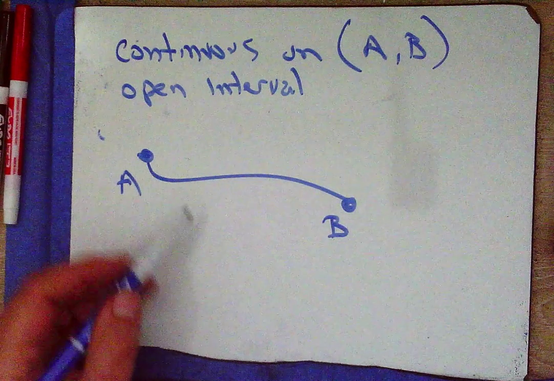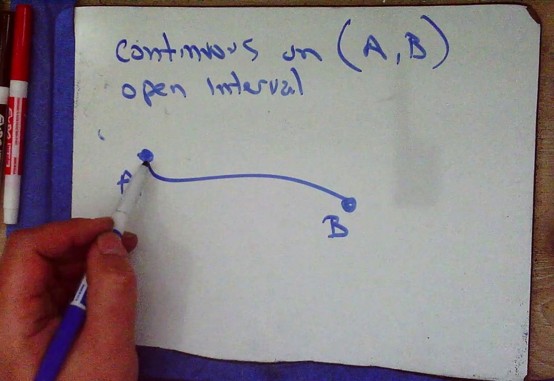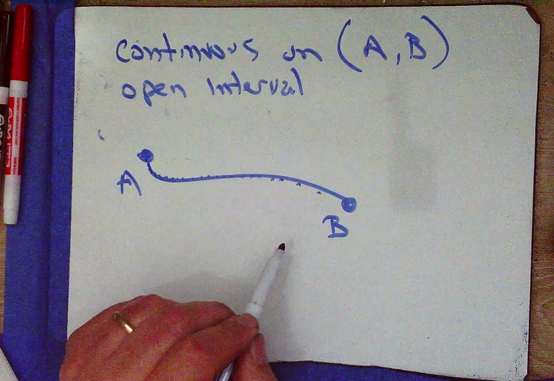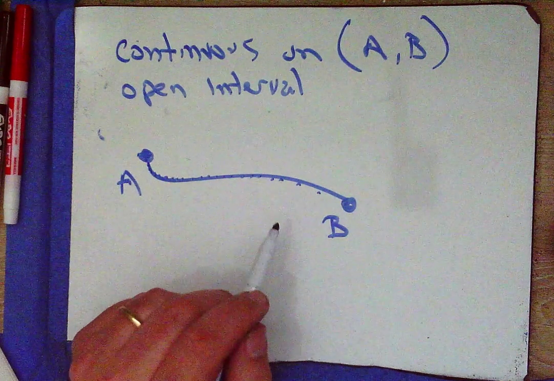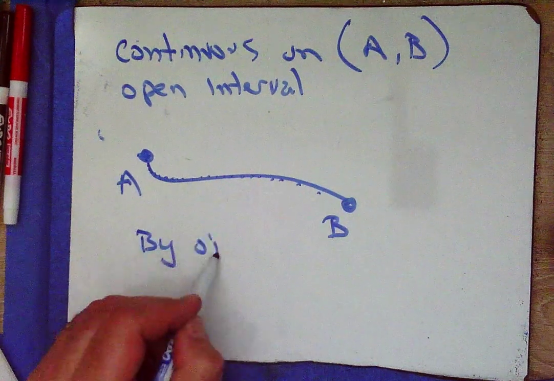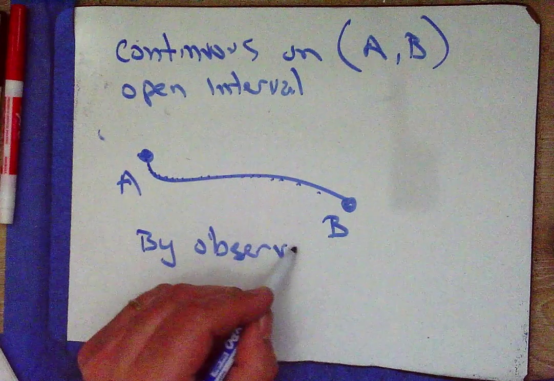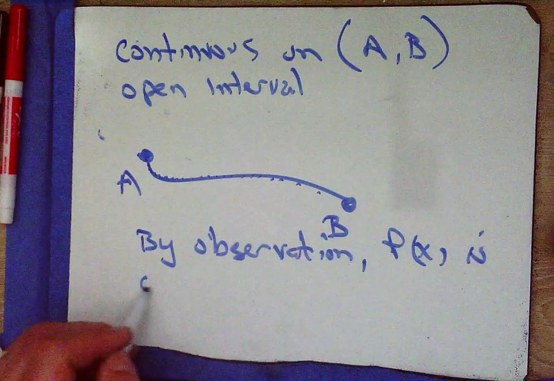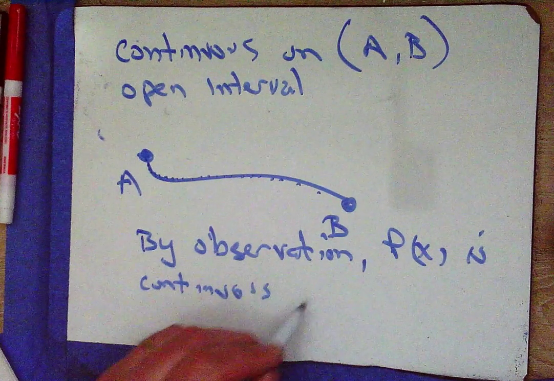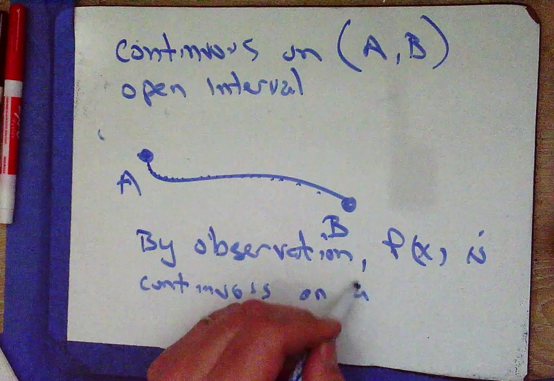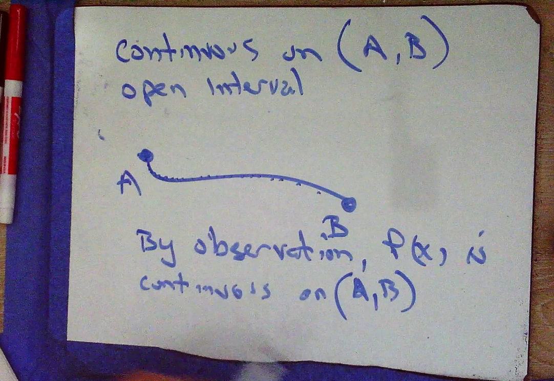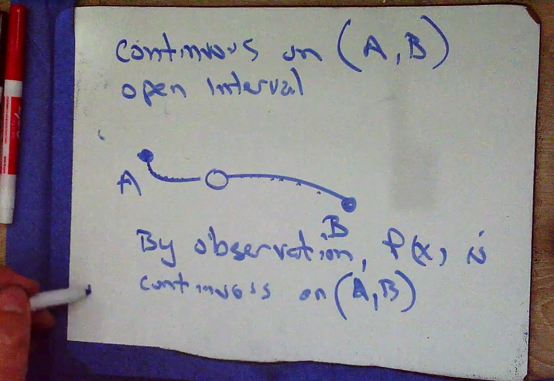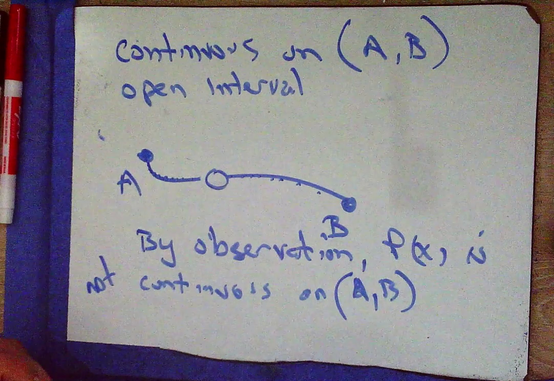So, am I about to ask you to do the three-part definition of continuity at the infinity of all the points from a to b? No, I'm not. What instead I'm going to say is by observation, f of x is continuous on a to b. Okay, or by observation, f of x is not continuous on a to b.